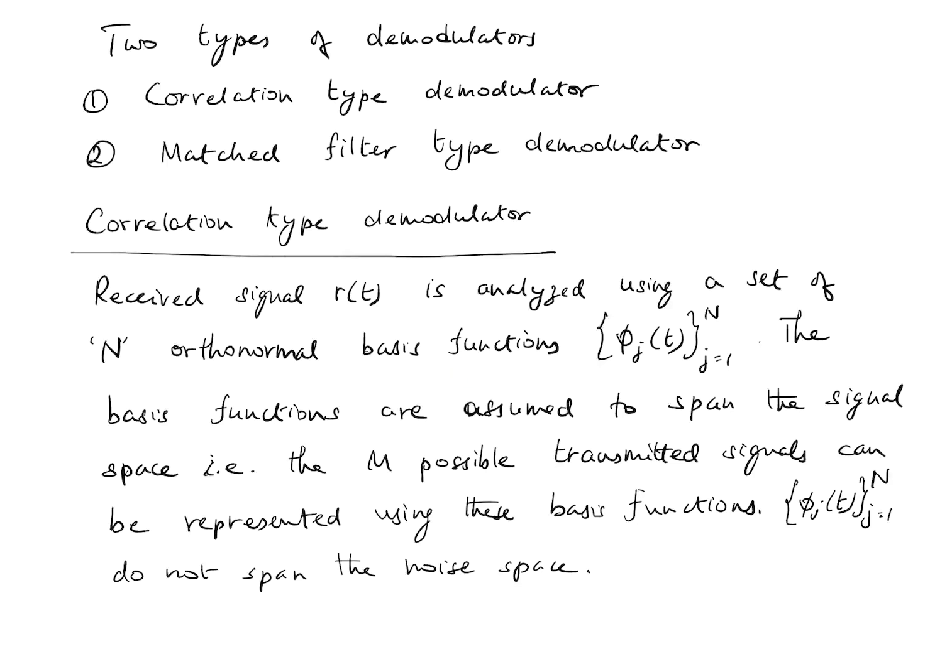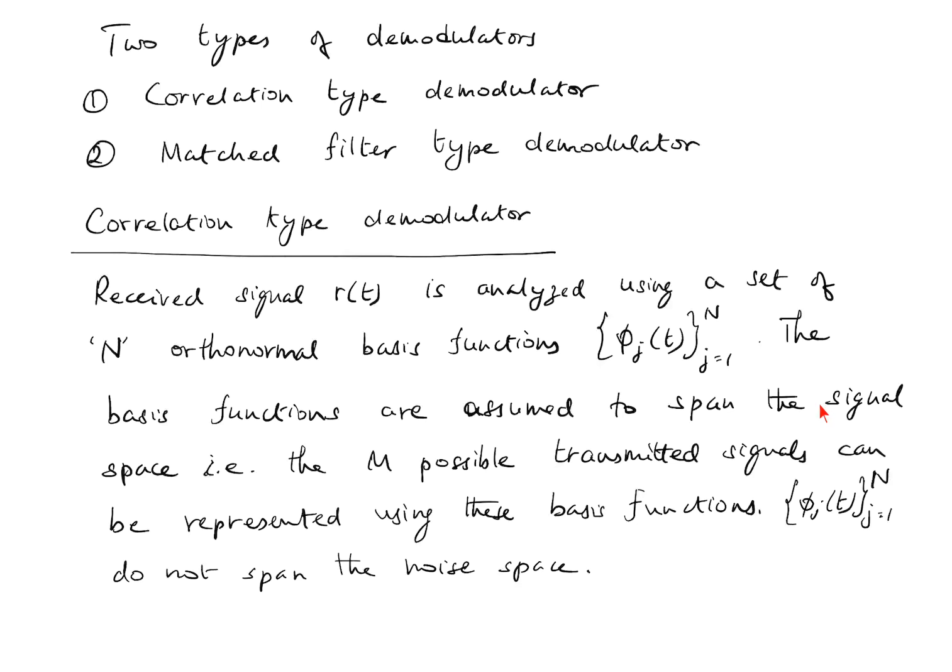Now, we assume that these n basis functions are sufficient to represent all the m possible transmitted signals. That means we assume that the basis functions span the signal space.